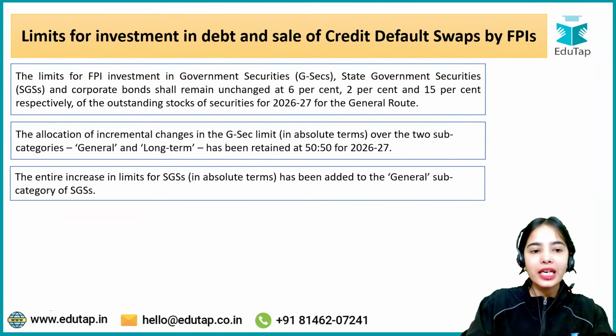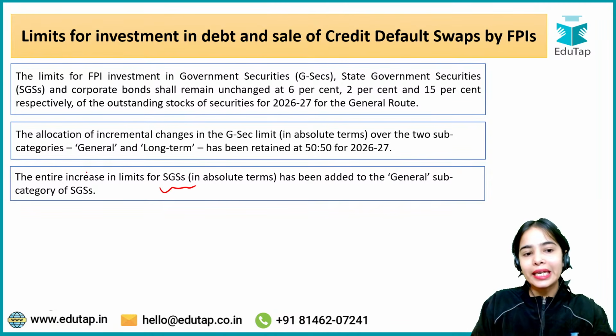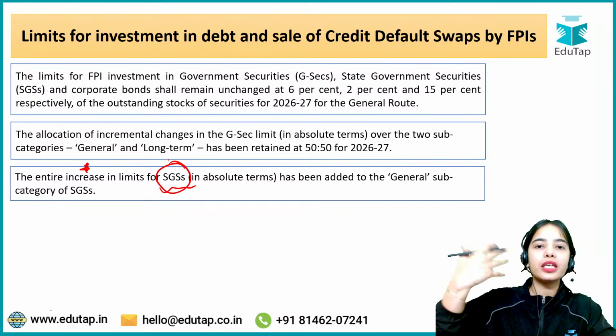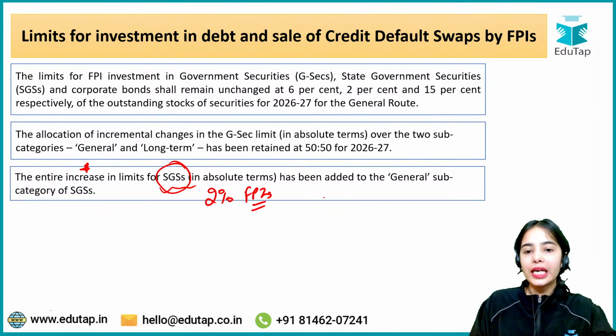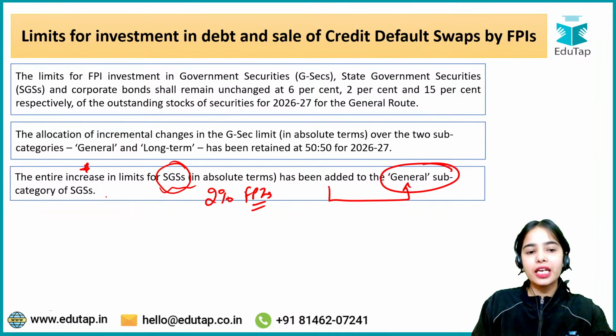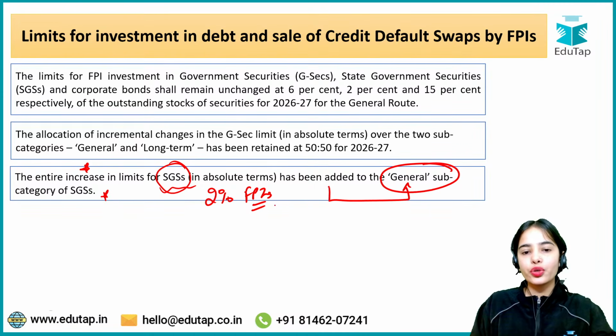While for the state government securities, the entire increase in limits, so whatever new state government securities are going to be issued, from that 2% is the limit for the foreign portfolio investors. Now it has been said that only the general subcategory of the state government securities, that means this whole 2% limit, should go to the general foreign portfolio investors.